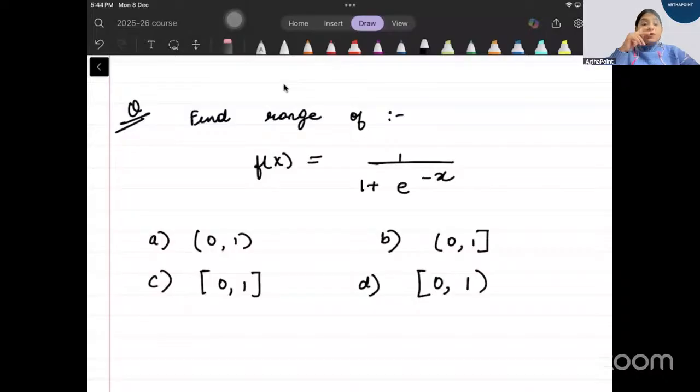Range means the values that y will take. Okay, so think accordingly. Very easy.